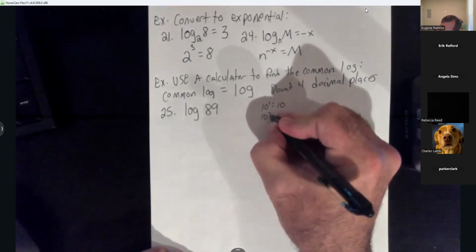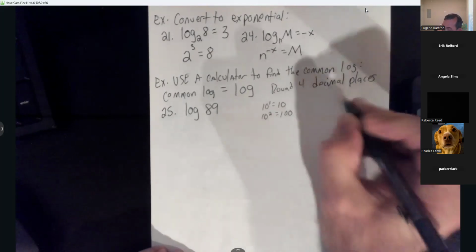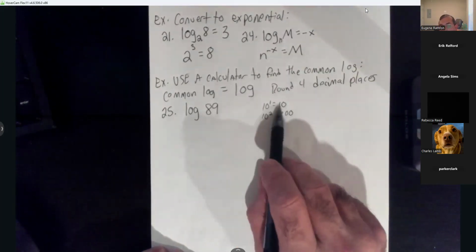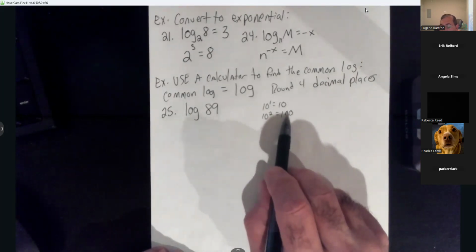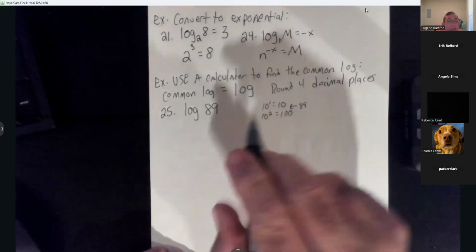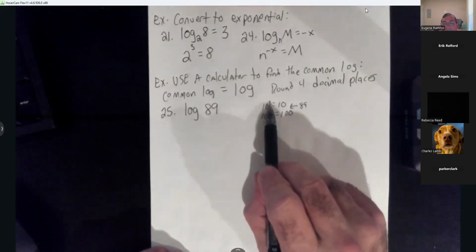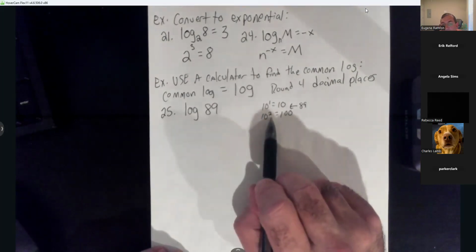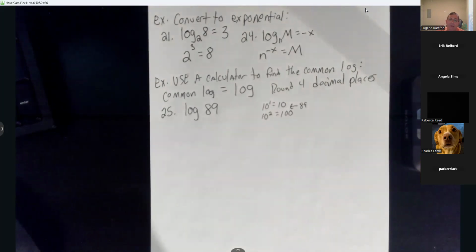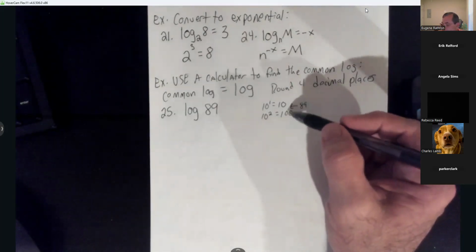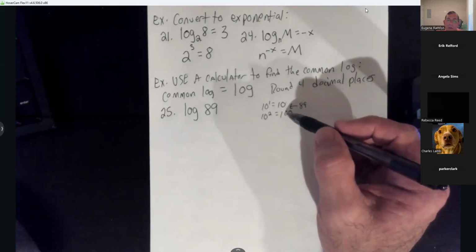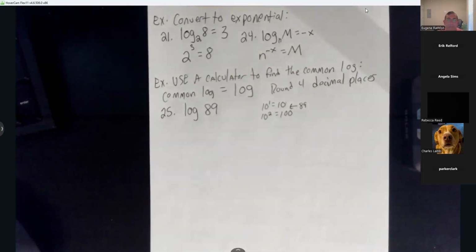I know that 10 squared equals 100, right? 89 is in between 10 and 100. So what that means is your answer has to be between 1 and 2, because remember, we're finding exponents. That's how you got to think about it. Any number in between 10 and 100 is going to have a log of 1 point something.